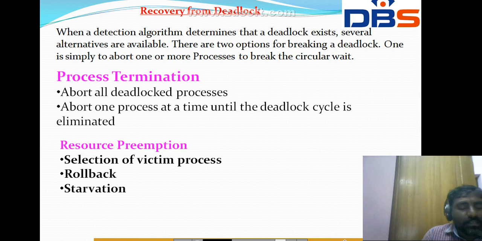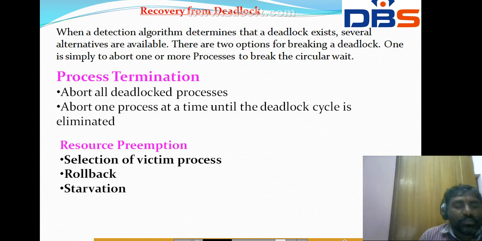However, it has some overhead, since after terminating each process, the detection algorithm has to be executed to decide whether to terminate further processes or not. We can say it is the slower method when compared to the first one.